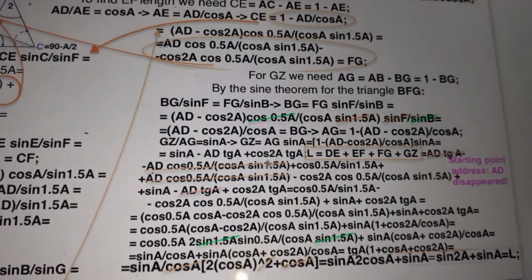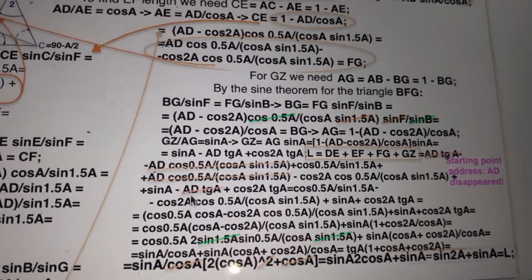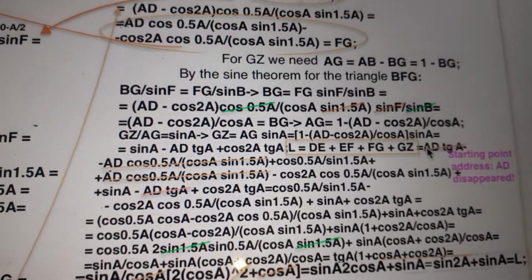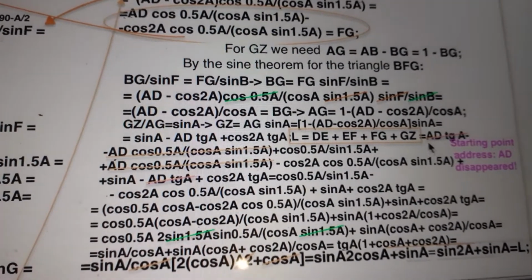Also for extreme terms, DE and GZ, you see here, GZ has AD multiplied by tangent A, and also DE has such a term, but here one time with plus and the other time with minus, the same term, and they cancel each other.